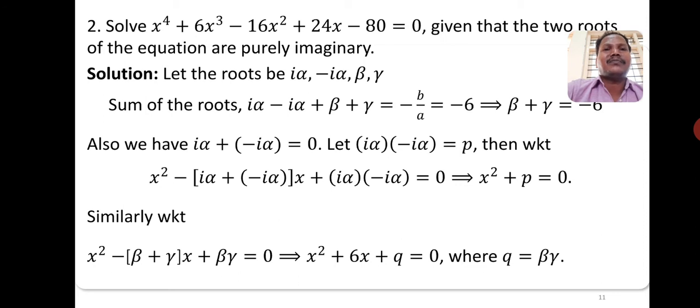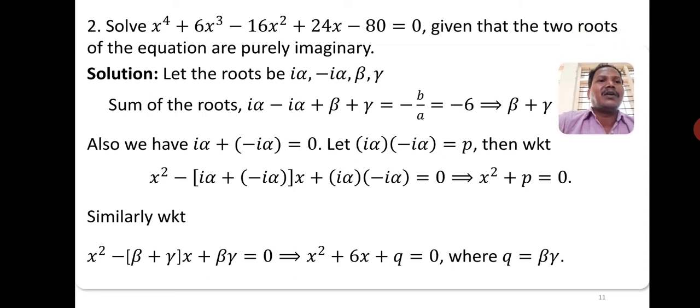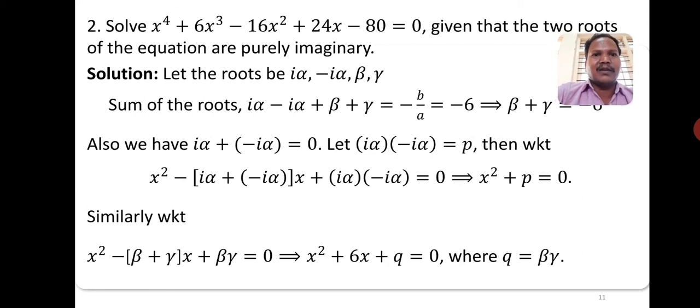Second one, solve the biquadratic equation, that is x power 4 plus etc. minus 8 equals 0, given that two roots of the equation are purely imaginary. Let the roots be i alpha, minus i alpha, beta and gamma.